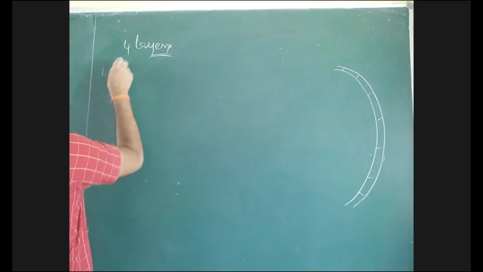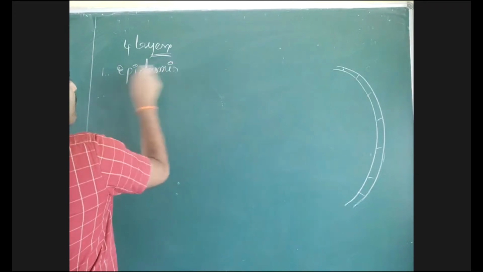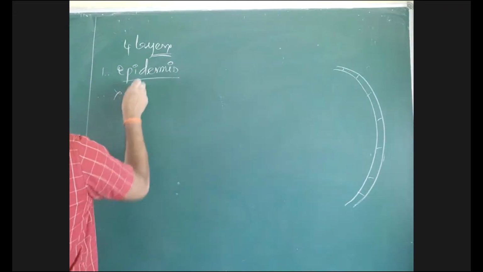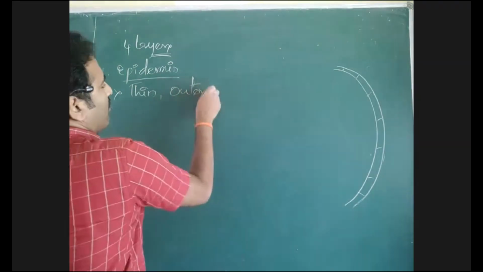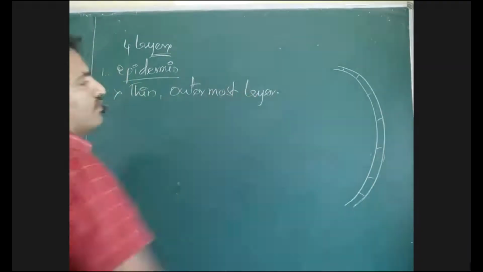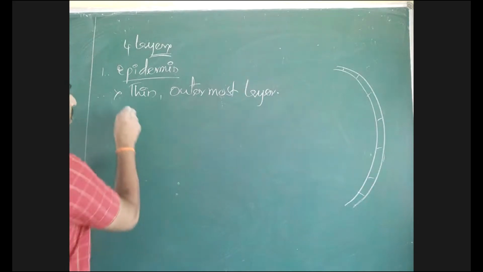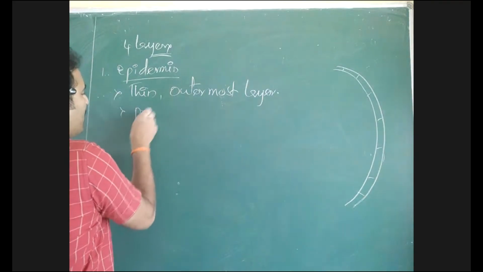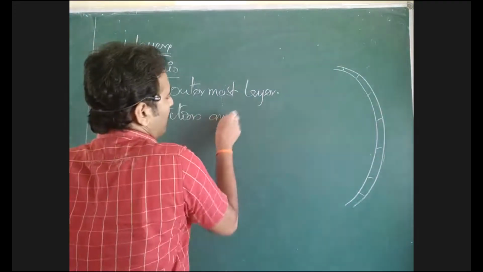Epidermis is a thin outermost layer. Thin cells are present, and it is responsible for protection and dehiscence.